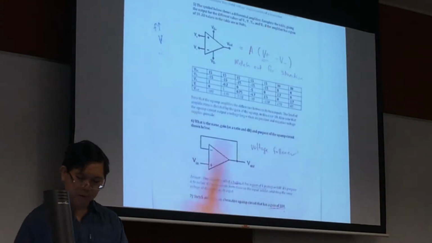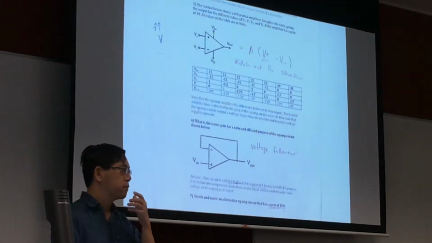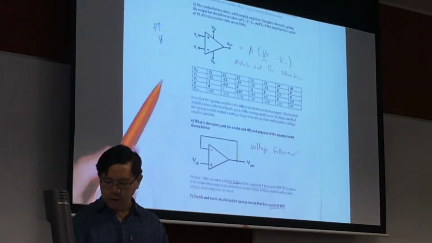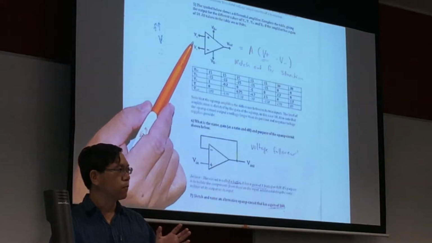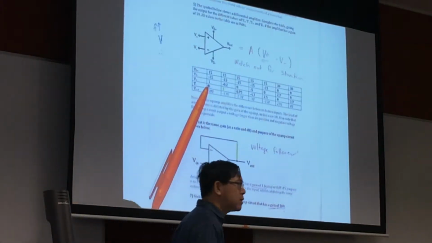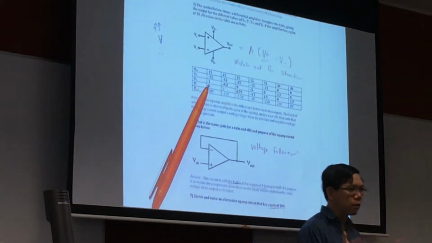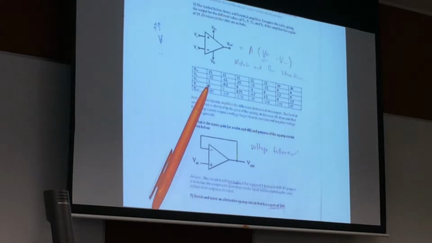Alright, question 5. Now for op-amps, in most electronic books, this means open loop. But for this particular group of engineers, they use this one as closed and open loop. But having said that, in the class, the generic equation for the op-amp is still correct.